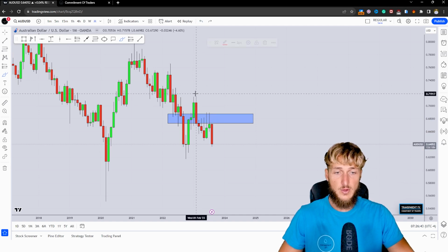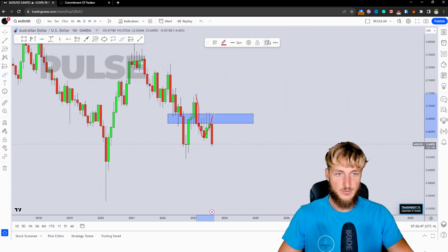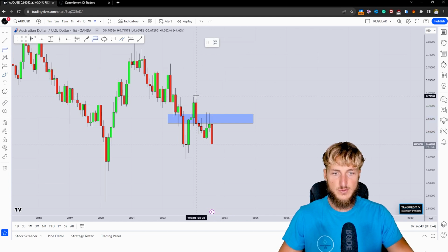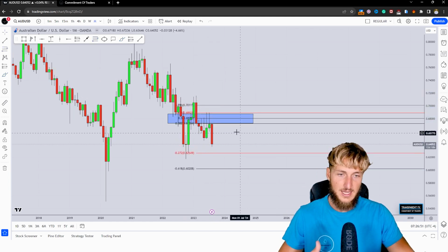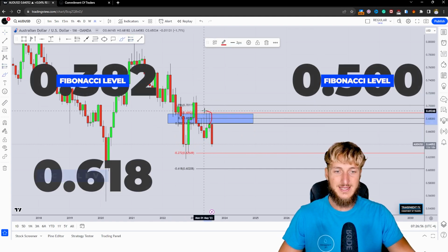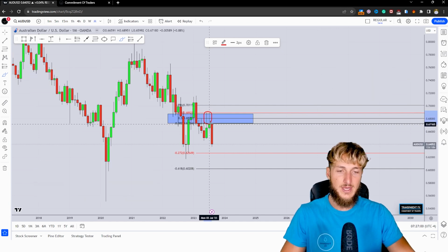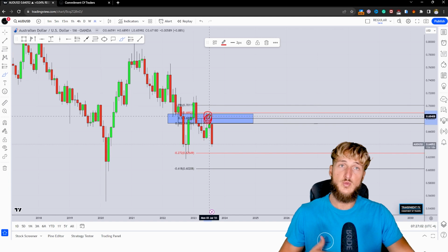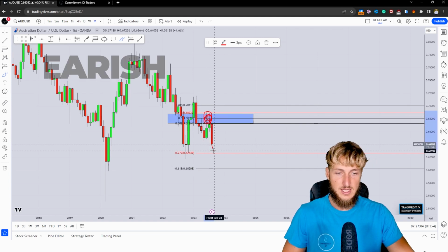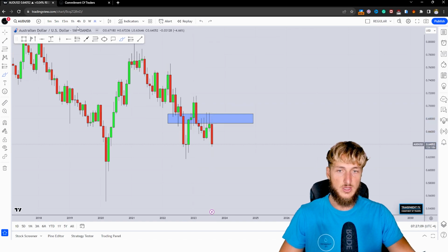We can also notice how, as we had this impulse and correction, if we want to measure this correction after the impulse, we have to take our Fibonacci from the high to the low of the impulse leg. If we do that, we can see how we had 0.382, 50%, and 0.618 Fibonacci retracements, all lining up exactly inside of this area, which we did in fact expect this market to test and reject to the downside, which is exactly what this market is currently doing.